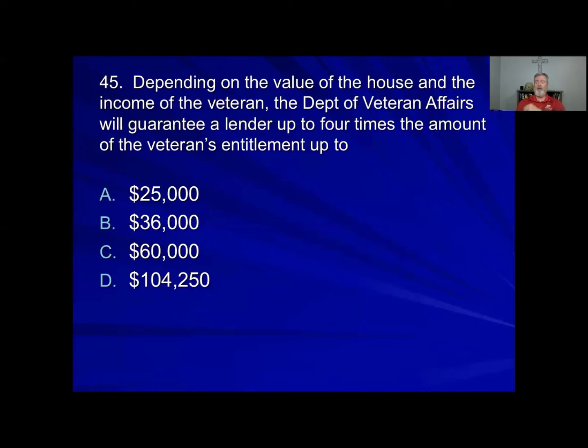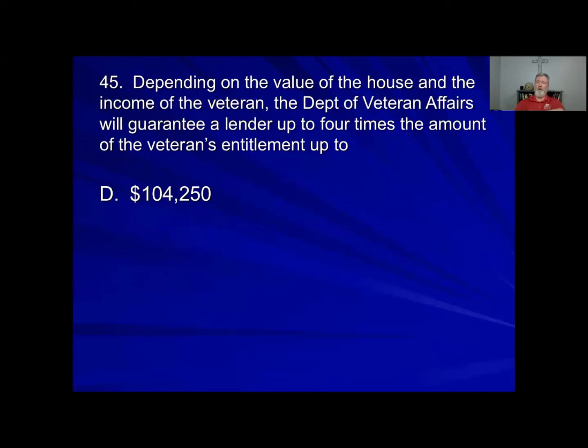amount. And I will tell you the right answer is D, up to $104,250. Okay. Y'all, that is the max that the VA will guarantee. Now, typically the lender will loan more than that.